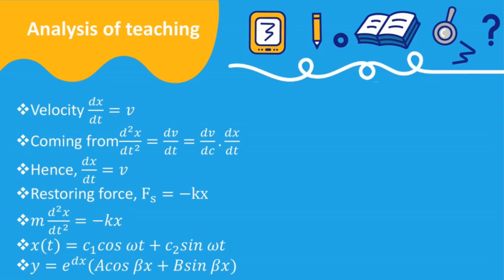Restoring force Fs equals negative kx, m d2x over dt2 equals negative kx. x(t) equals c1 cos omega t plus c2 sin omega t. y equals e to the power of alpha x, times a cos beta x plus b sin beta x.